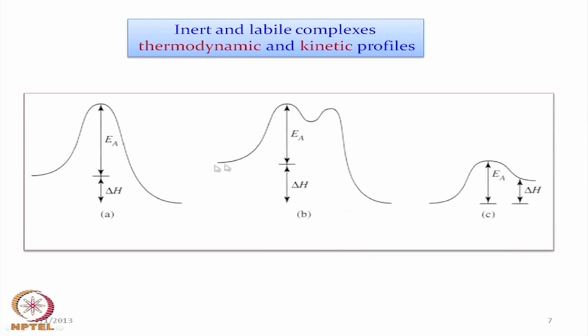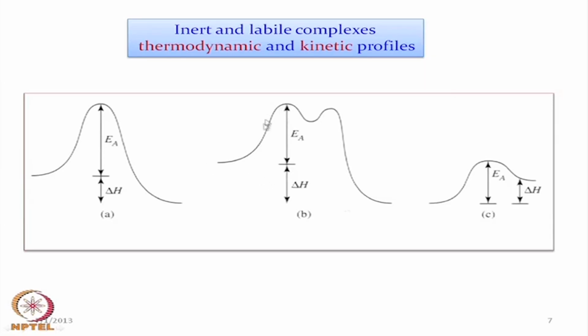That means these two cases we are considering as stable metal complexes. But when we talk about the kinetic profile, we should consider the EA values, the energy of activation, how much of a barrier you have to cross from the left hand side, which we have considered so far as ML5X, to get ultimately to ML5Y, the product formation.